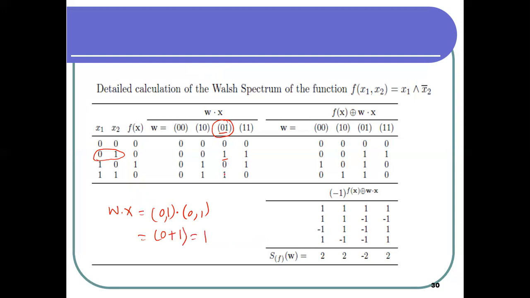If you can see, W is W1, W2, and X is every time X1 and X2. The dot product among these is W1 X1 XOR with W2 X2.